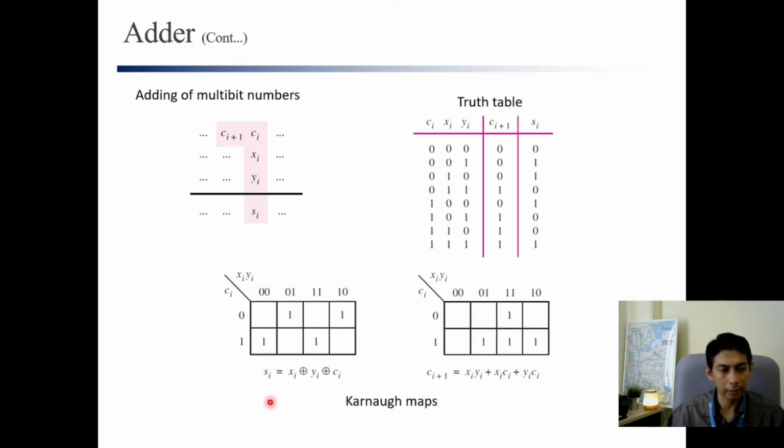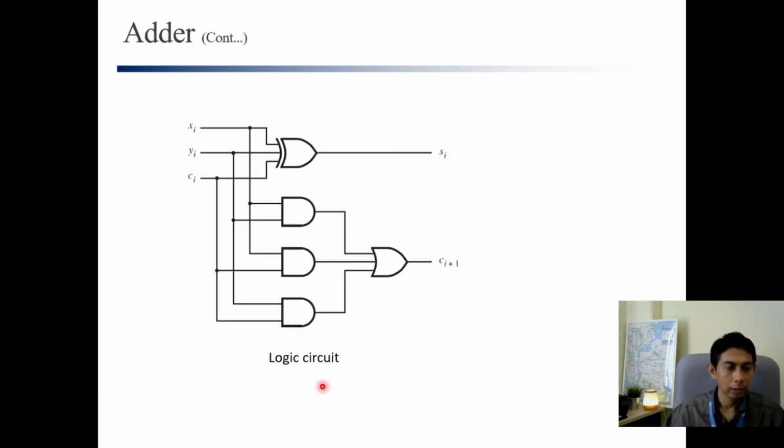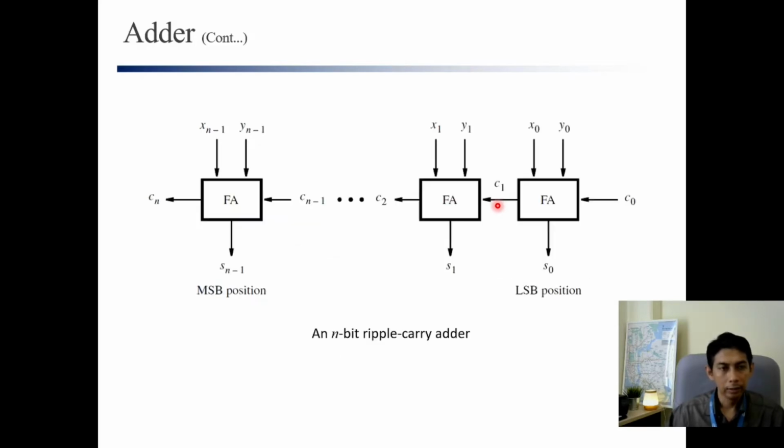S is actually X XOR Y XOR Ci, and the carry is X and Y, or X and C, or Y and C. Very easy. From the K-map you can get the Boolean equation, and from the Boolean equation you can get the schematic. This is the schematic for S, the XORs, and this is for the carry.